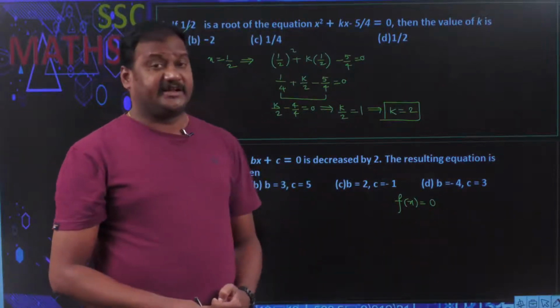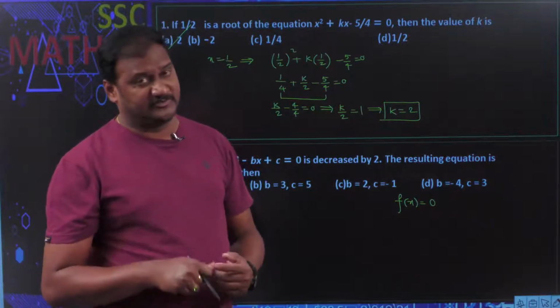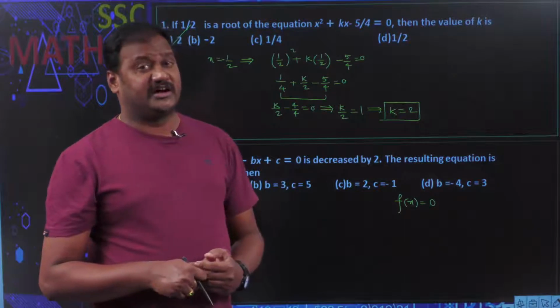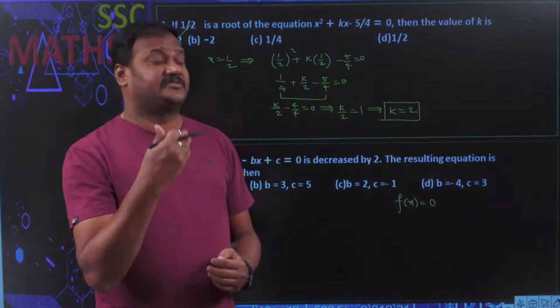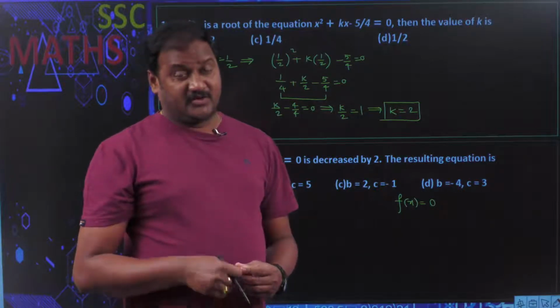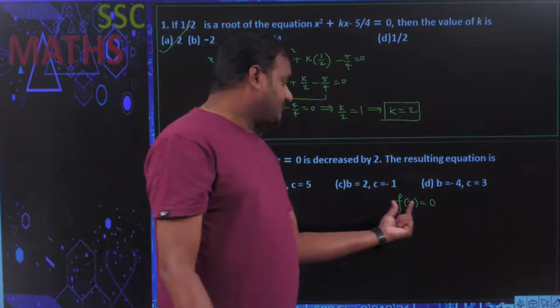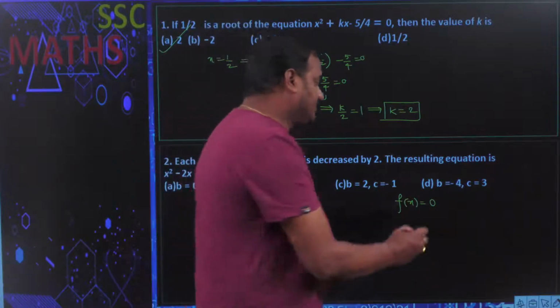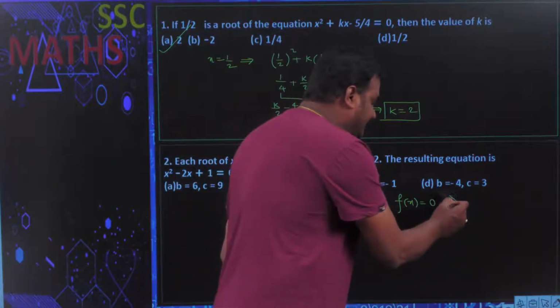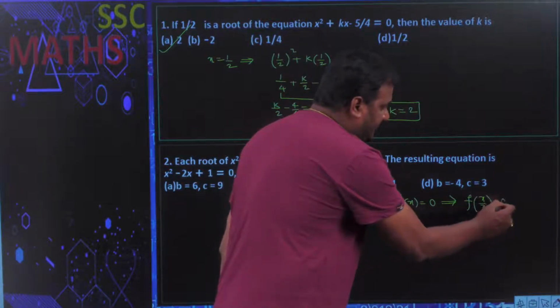Now, please do remember these points. To get a quadratic equation whose roots are multiplied by 2 that of the roots of the equation f of x is equal to 0, the new quadratic equation so obtained is f of x by 2 is equal to 0.